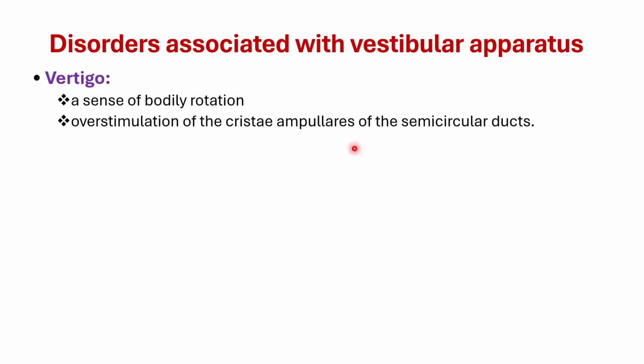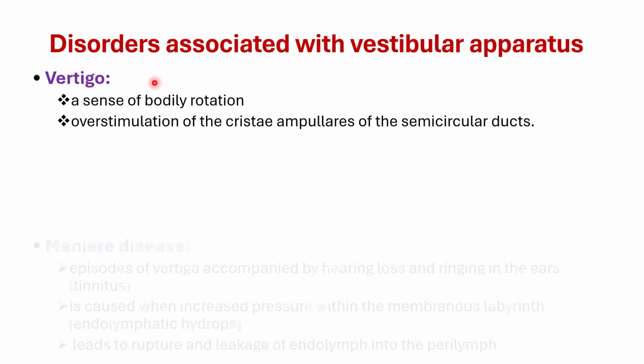Remember, the hair cells in the crista ampullaris and the macula are the ones that tell us the body's state of equilibrium. So if you have overstimulation of the crista ampullaris, you will have vertigo, the sense of bodily rotation, increased body rotation.